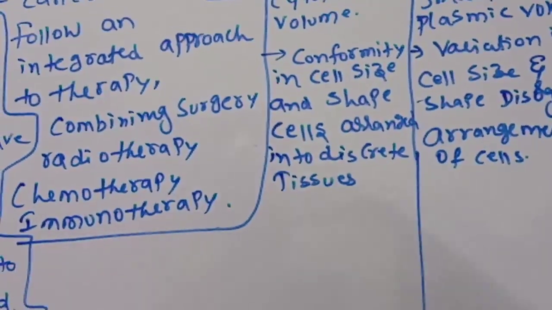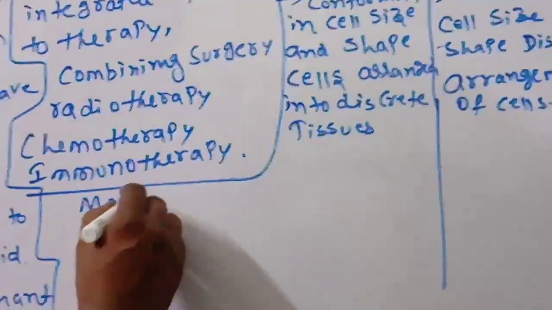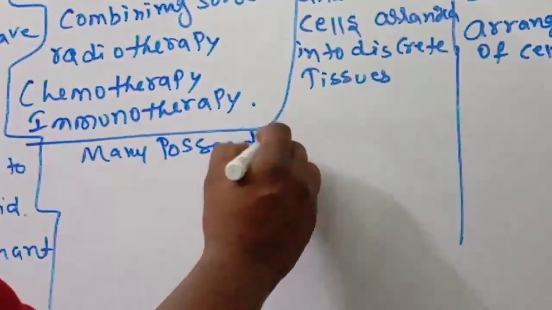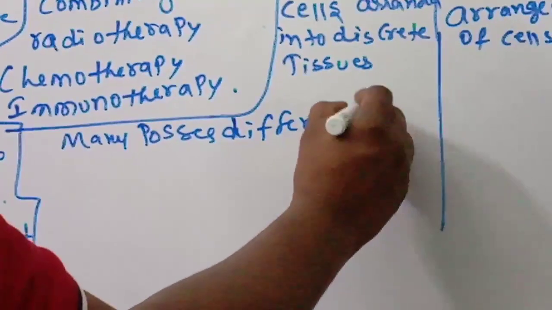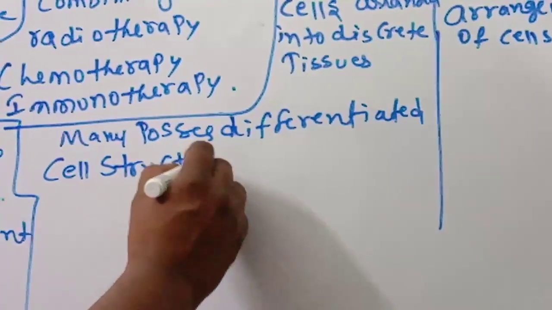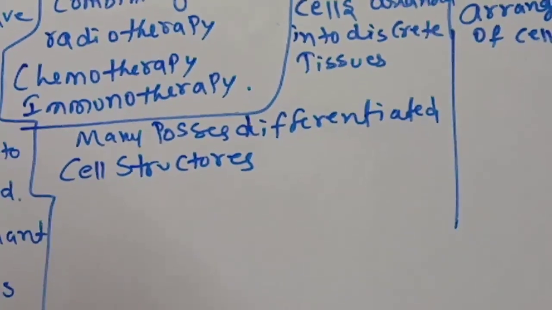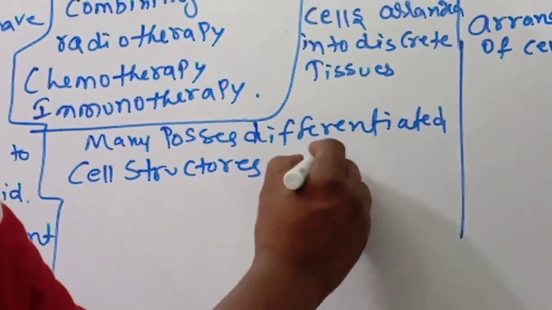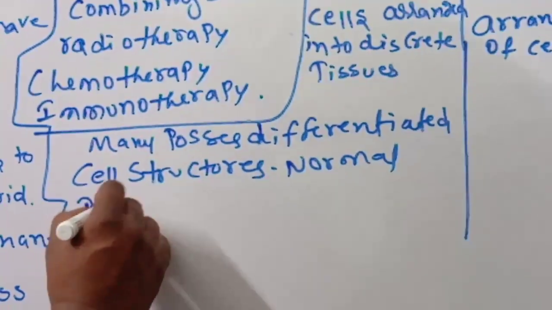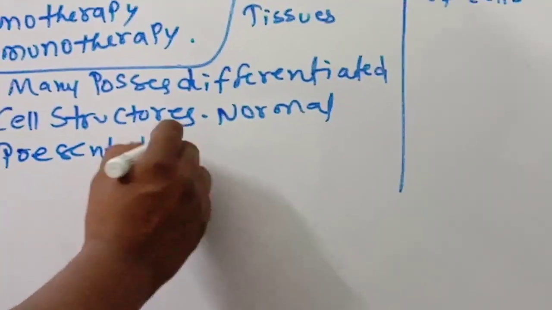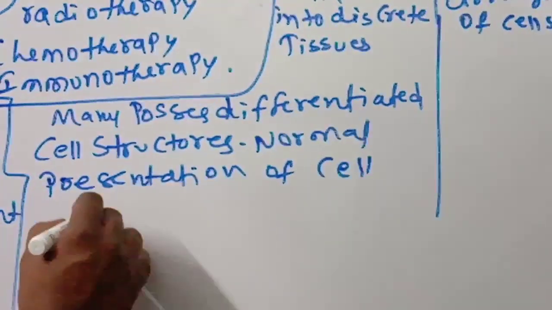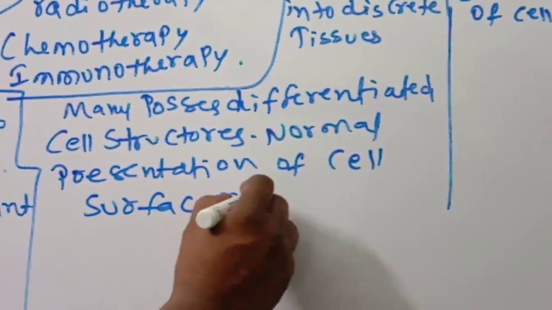Many possess differentiated cell structures, normal presentation of cell surface markers.